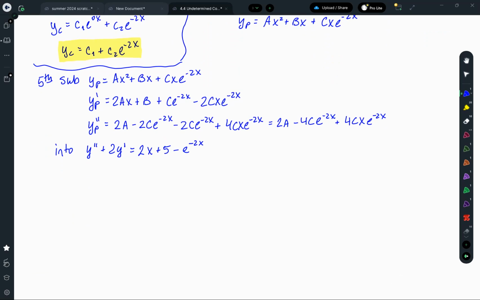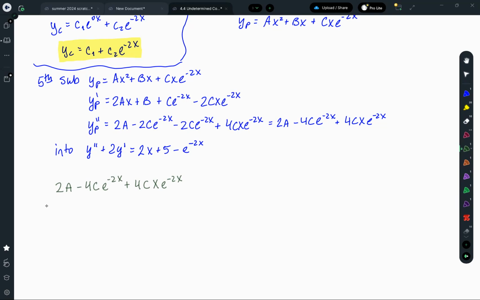All right, y double prime is going to be 2a minus 4c e to the minus 2x plus 4cx e to the minus 2x plus 2y prime. I'm going to write it right down below, because this is the best way for me to see like terms more easily.